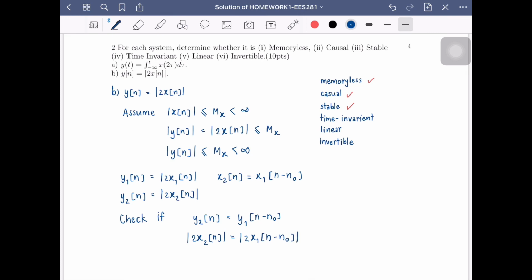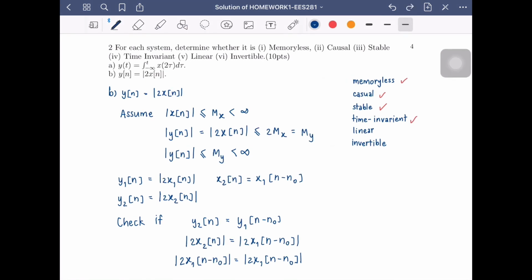From this equation we define x2 equal to x1[n minus n naught]. Then we got 2x1[n minus n naught], which is equal to 2x1[n minus n naught]. So this one is time invariant.